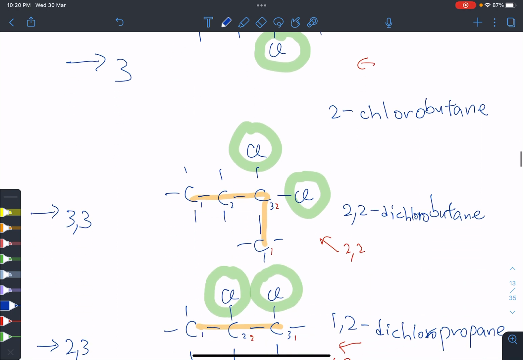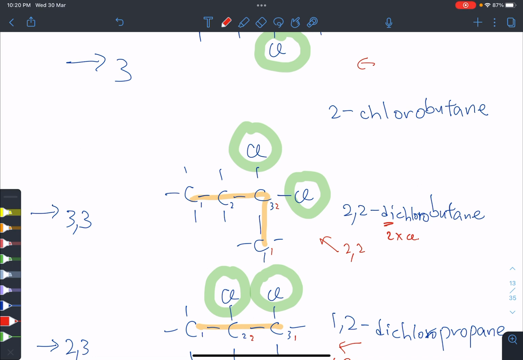Cool. Okay, next one. It's called 2,2-dichlorobutane, because we said dichloro. Di means 2 times chlorine. So if you say 2 chlorine groups, shouldn't there be 2 numbers? Because each number represents 1 group.